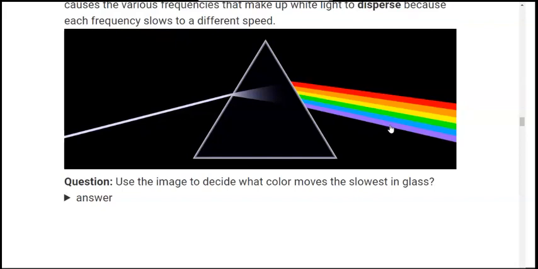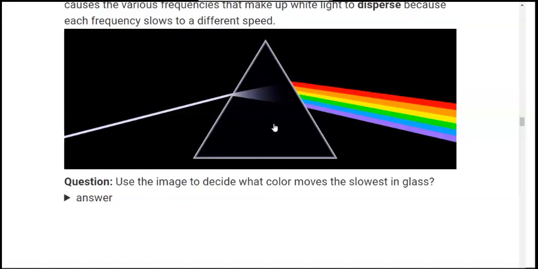And deviation will be different for different component colors, because different component colors have different frequency, so they will deviate through different amounts. So we have learned that light of various frequencies when passing through the same medium will deviate through different angles, and this is the basic reason that light gets dispersed.